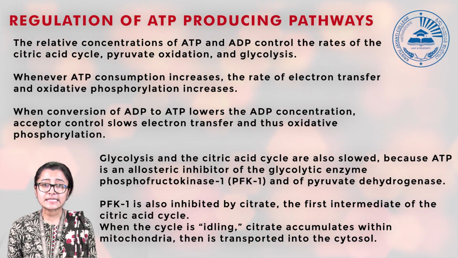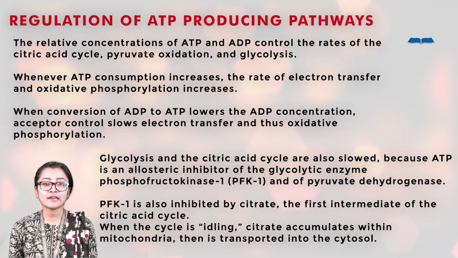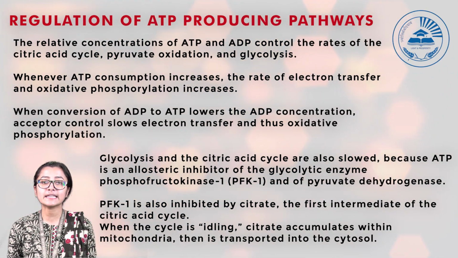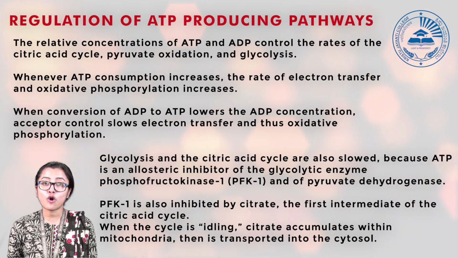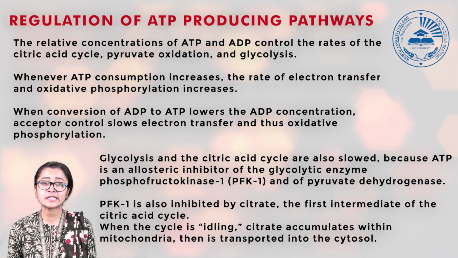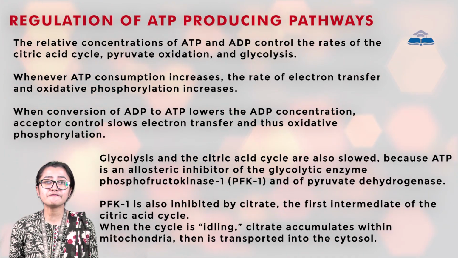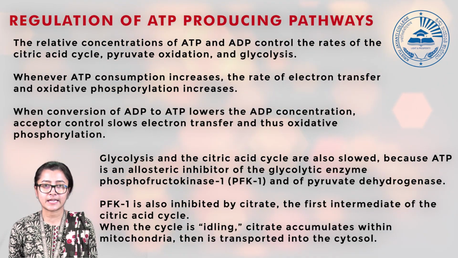Now glycolysis and the citric acid cycle are also slowed because ATP is an allosteric inhibitor of the glycolytic enzyme phosphofructokinase 1, and also of pyruvate dehydrogenase. PFK1 is also inhibited by citrate, which is the first intermediate of the TCA cycle or citric acid cycle.